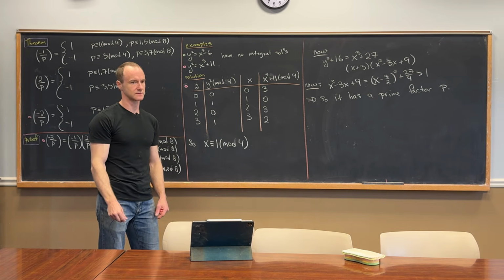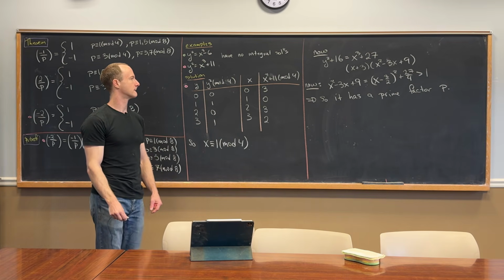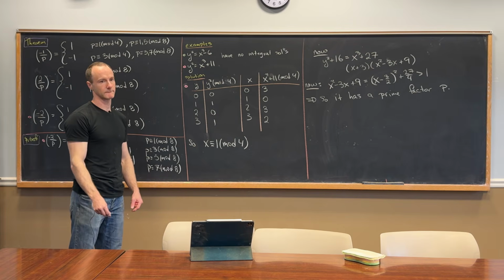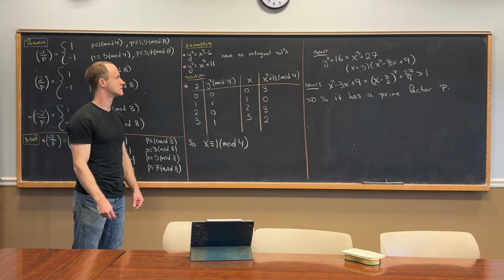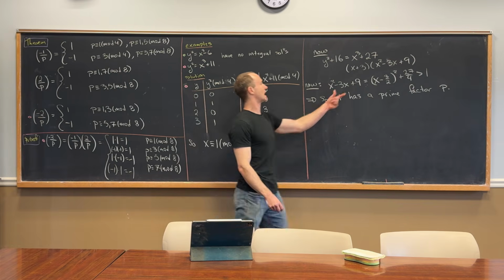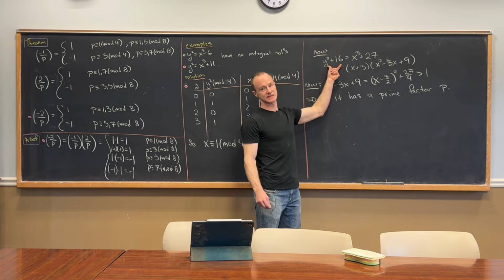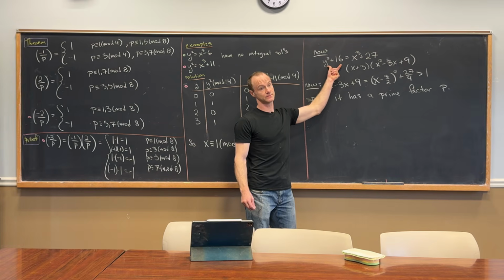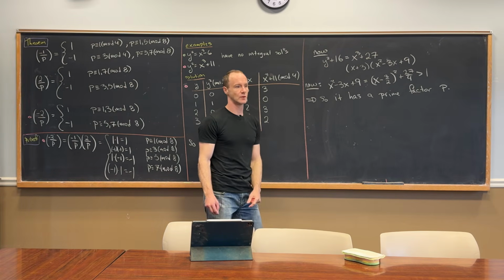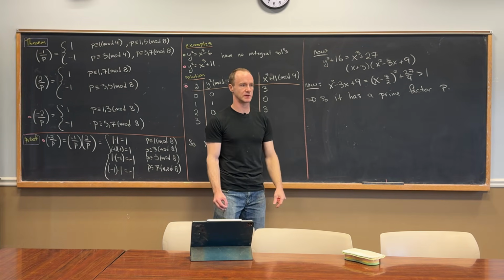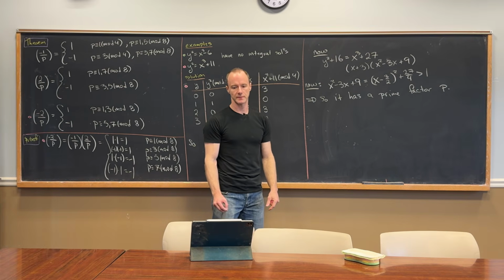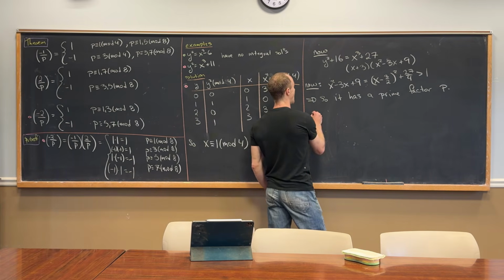We need a prime factor. We're doing that because if we reduce this mod the prime factor, we're going to have negative 16 a quadratic residue. So now reduce mod that prime factor.